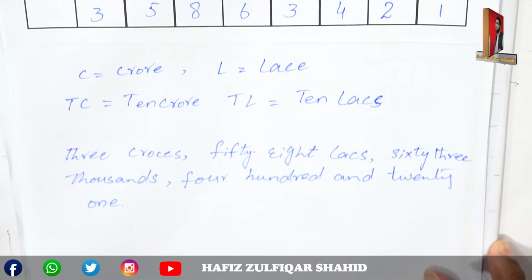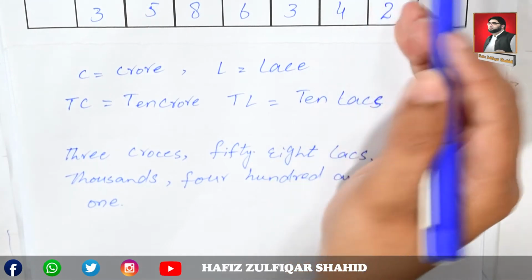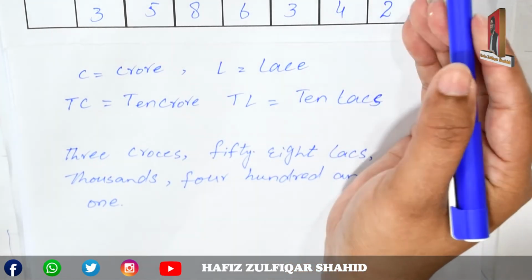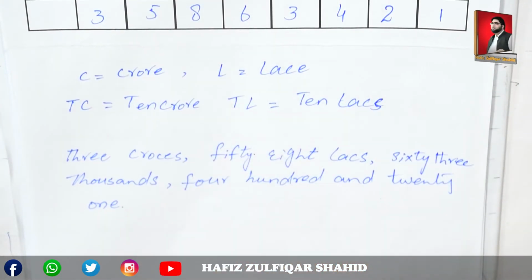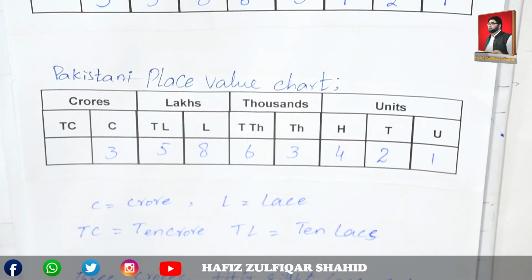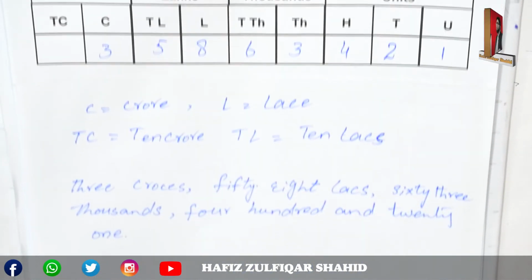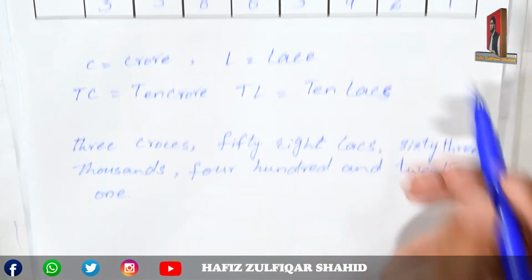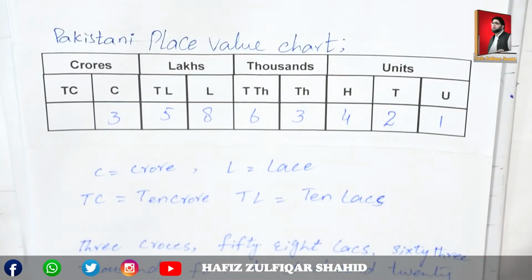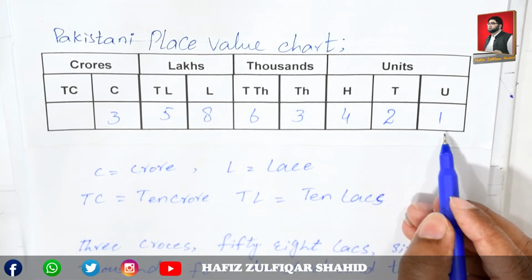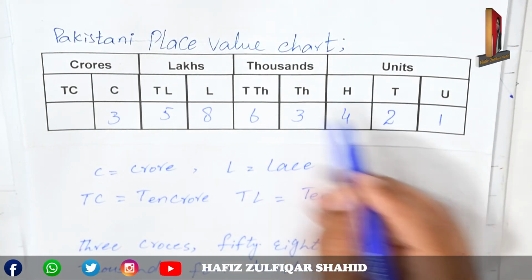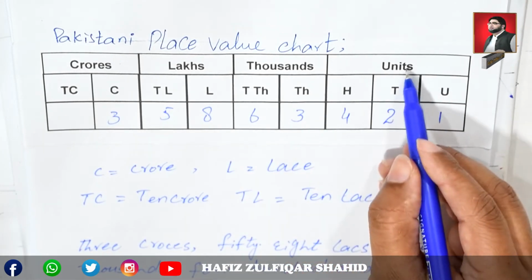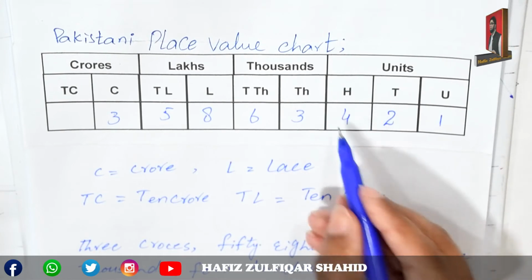Understand one thing more. When we put commas according to international place value, we put a comma after every 3 digits. But in Pakistani place value, first we place a comma after 3 digits because against the units we have 3 columns.